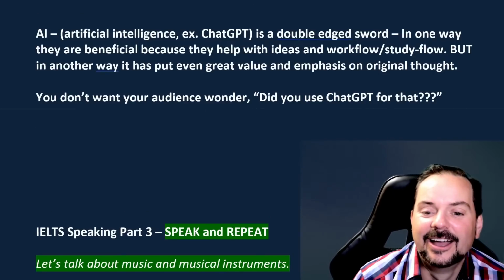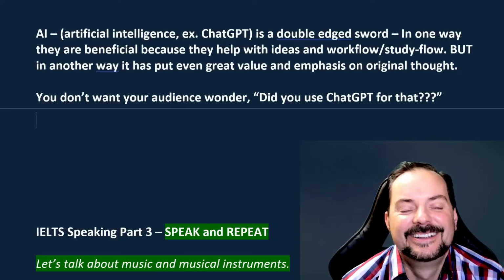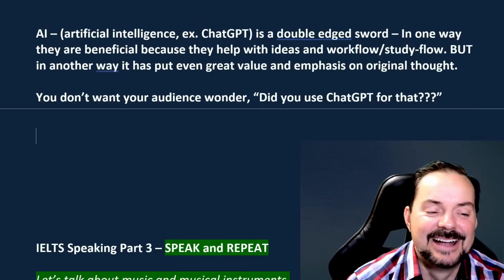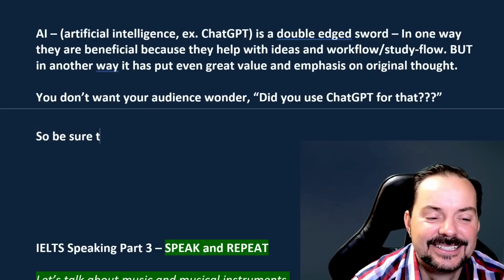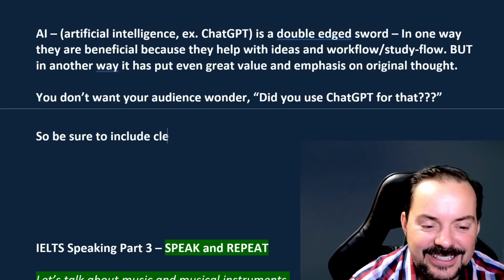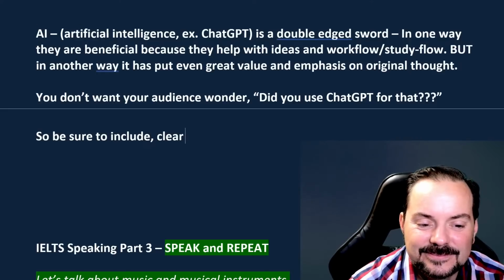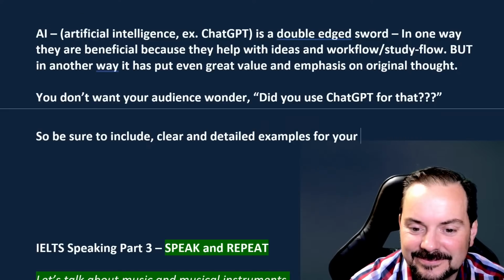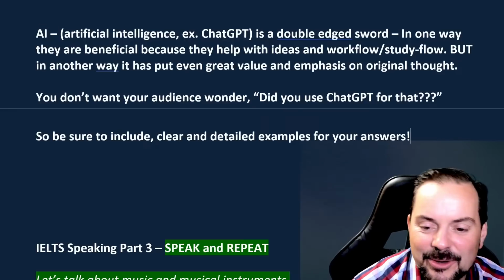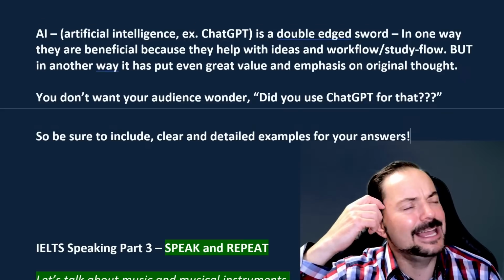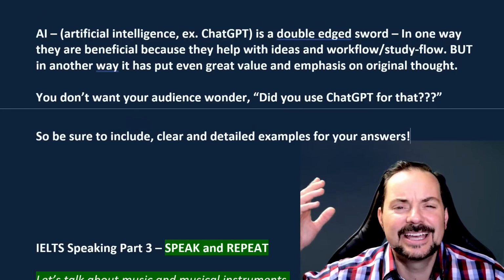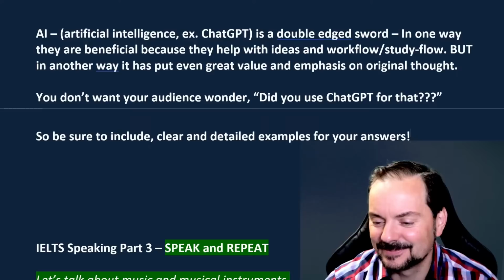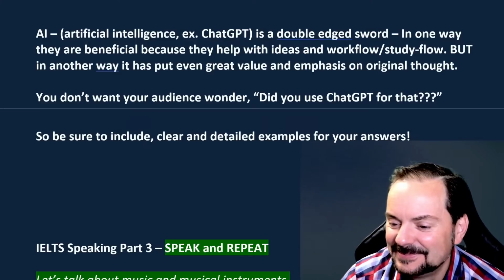No. Right? So make sure to include those examples. Otherwise, the examiner's going to be like, huh, the last 10 people strangely had the exact same answer as you for that question. Right?